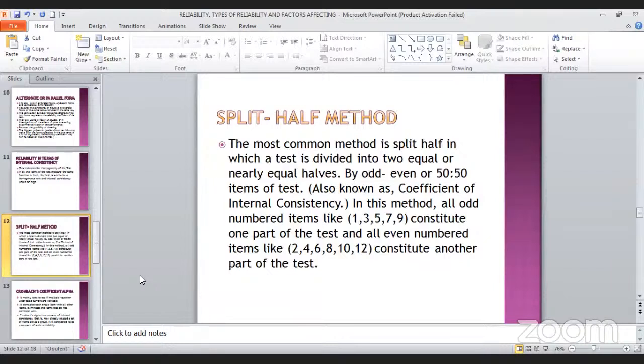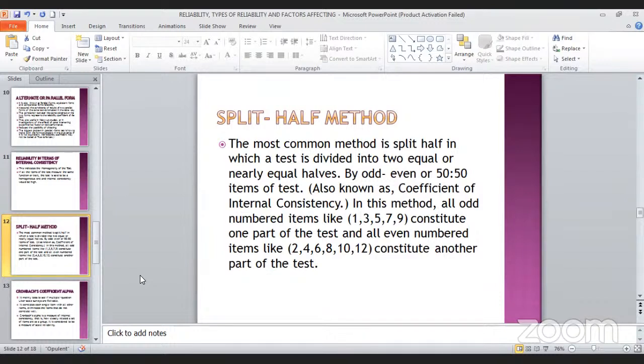But if the test is measuring different things, for example the NEO, which is multidimensional, some items may be totally different from the other half of the items.